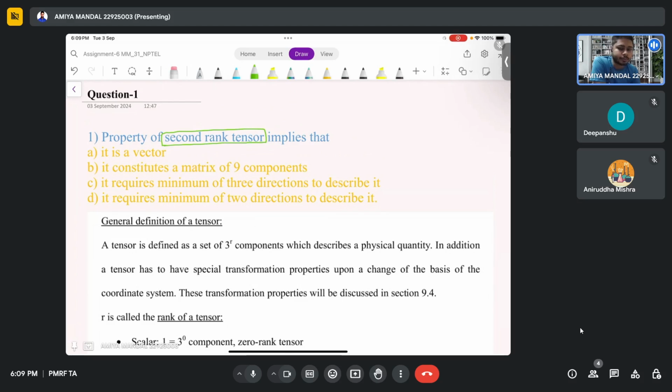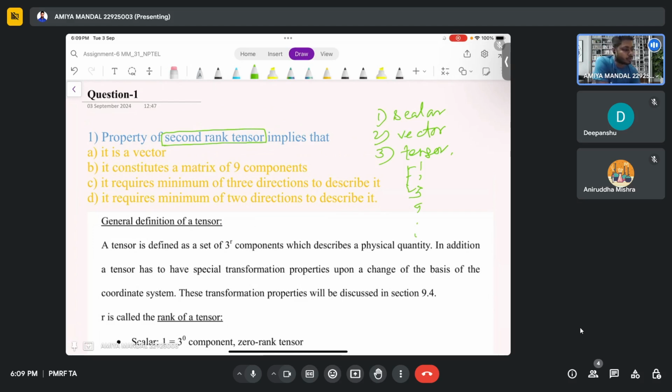What is a vector? There are three types of measures: one is scalar, one is vector, and one is tensor, along with their ranks: rank 1, 2, 3, 4. We will cover all of these.